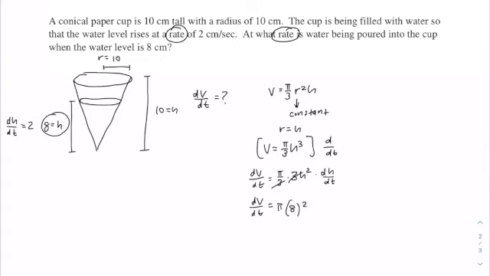So h squared times dh dt is 2. And so dv dt is equal to 64 times 2, which is 128 pi. And then for our units, again, we're looking for volume here, so it's going to be centimeters cubed per second. That is our answer right here.